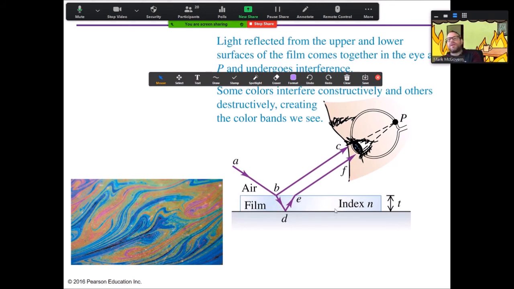Well, guess what? Thin film. When your film is sufficiently thin, there isn't a major difference between the actual path of the light that is at a diagonal and the thickness of the film. Those differences are so minor, they can be ignored.